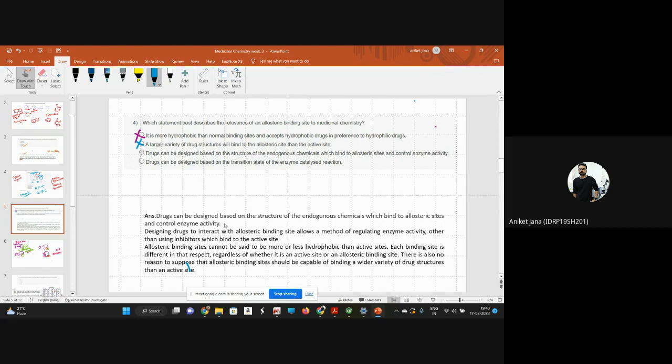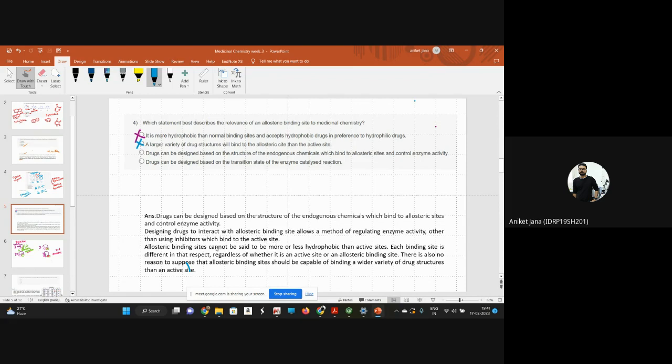So, from our demonstration, we definitely can understand that the allosteric site can control enzyme activity. Designing drugs to interact with the allosteric binding site allows a method of regulating enzyme activity other than using inhibitors which bind to the active site.